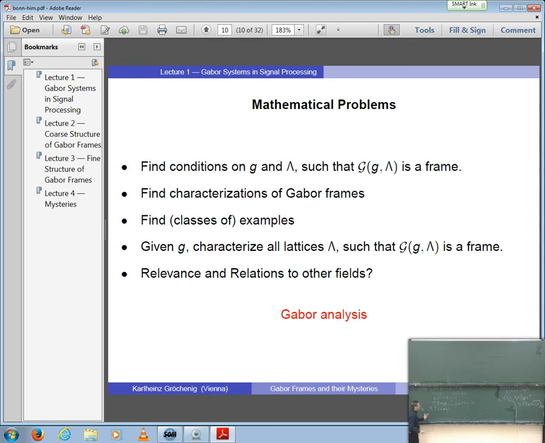Now you see that this integral is defined for suitable functions, say in LP, LQ. Here we could actually take tempered distributions or whatever you like, and apply these transformations. So if you take tempered distributions, you get a tempered distribution here. That's the beauty of this formal way of writing the short time Fourier transform.